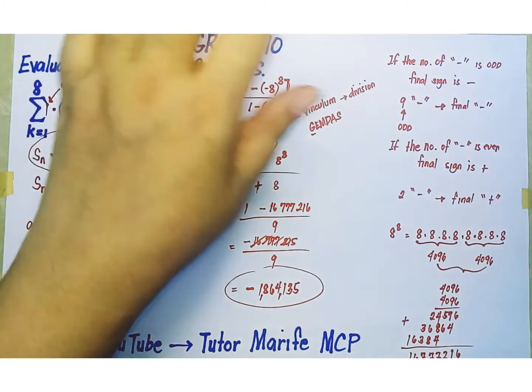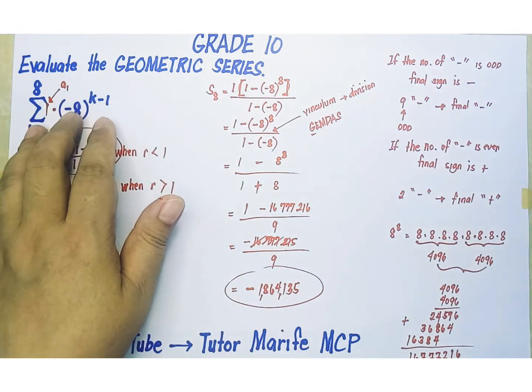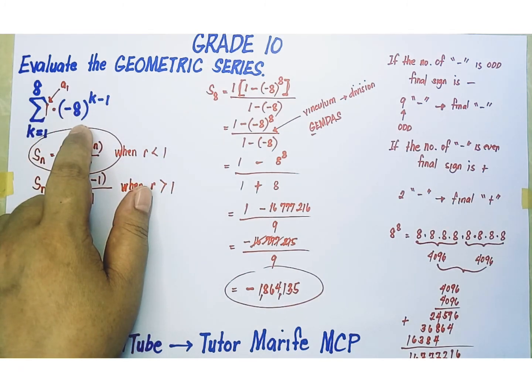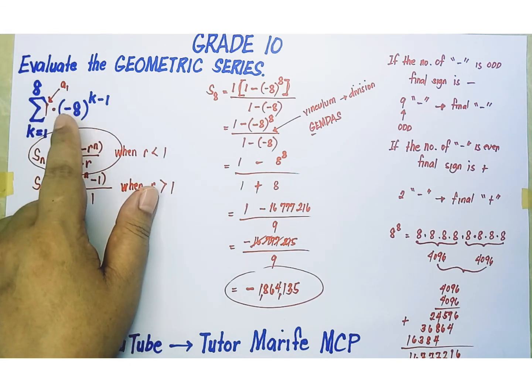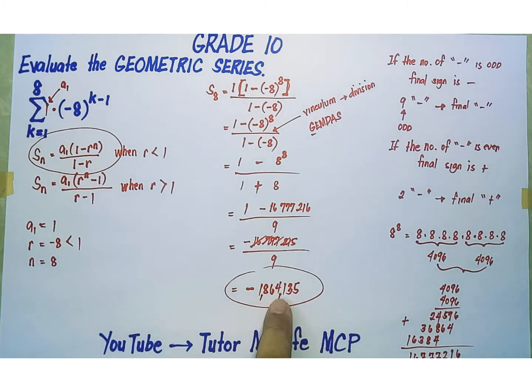So as you continue plugging in k equals 1 until k equals 8, puro integers ang lalabas na terms ng geometric sequence na ito. And by closure property, under addition, if you add up integers, the sum must also be an integer. Okay, so mali ka kung ang lalabas na answer mo for the sum is a decimal number or a fraction that is not equivalent to a whole number.